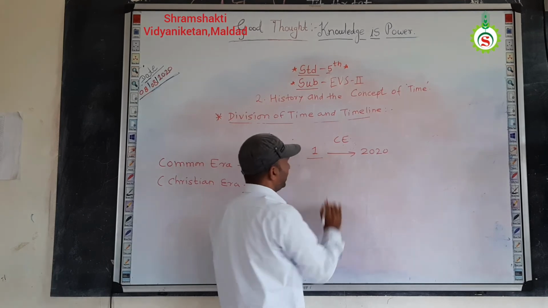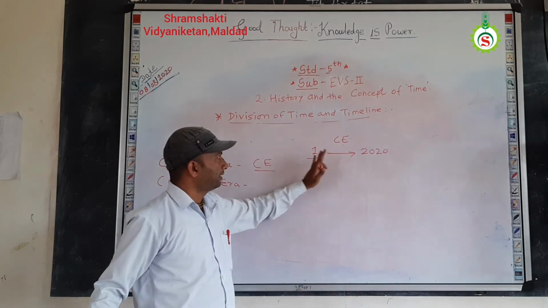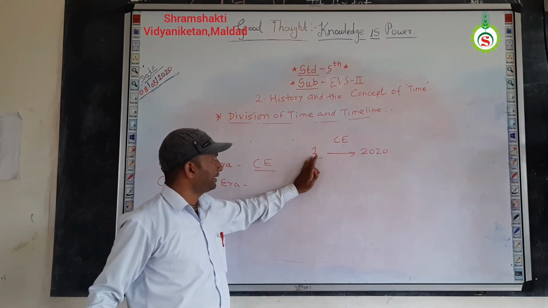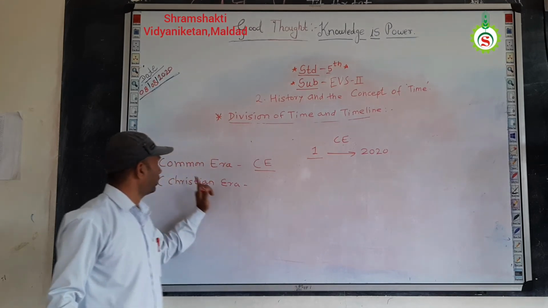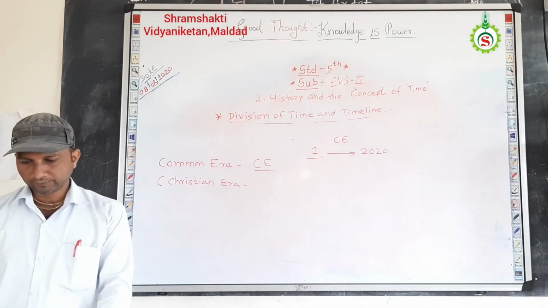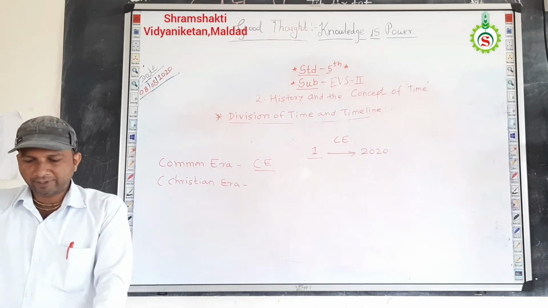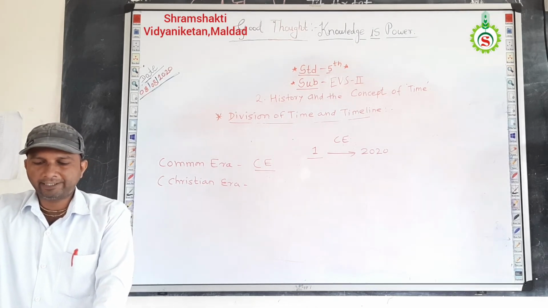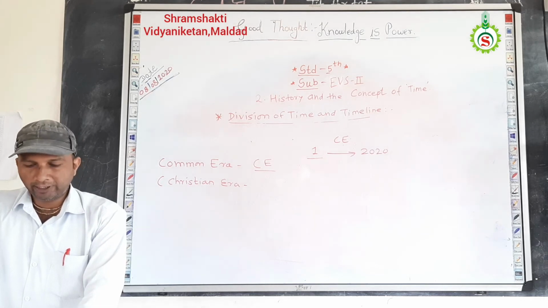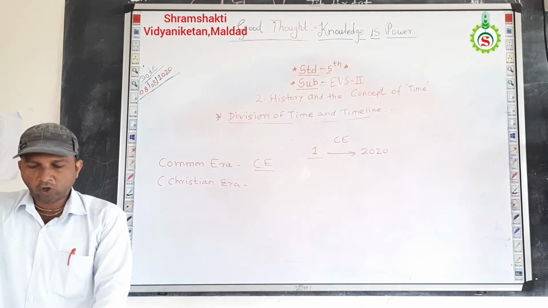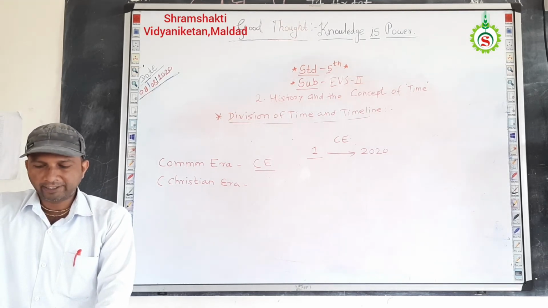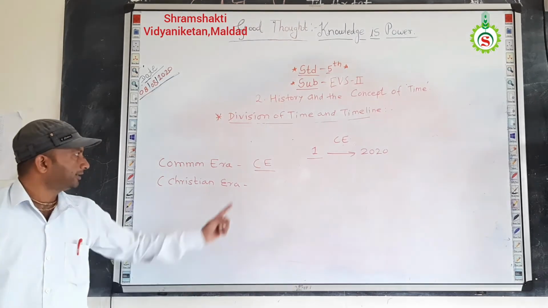Means from the year 1 up to the present, the period is calculated as Christian era or common era. In history books, a chain of events that follows one after the other is presented in a linear and serial manner. For this, usually we refer to common era. It is also called Christian era, written in short as CE.